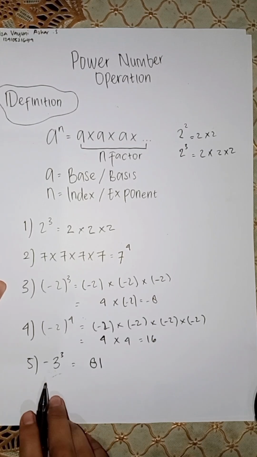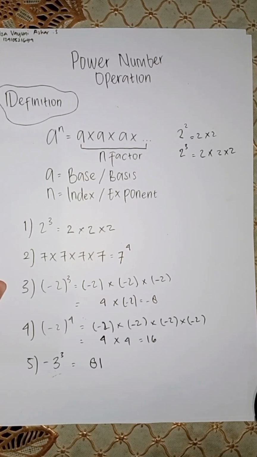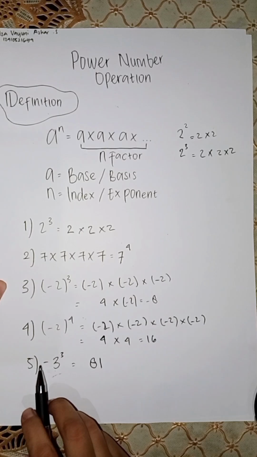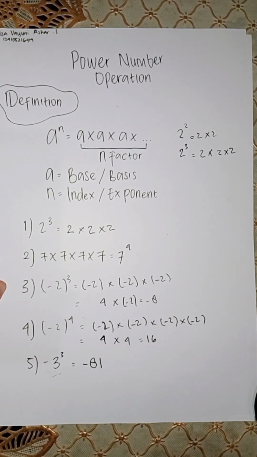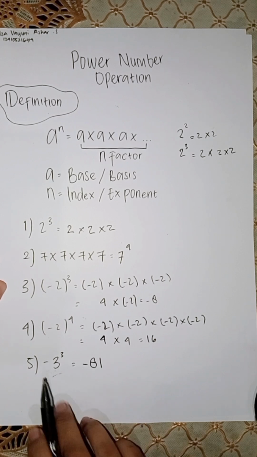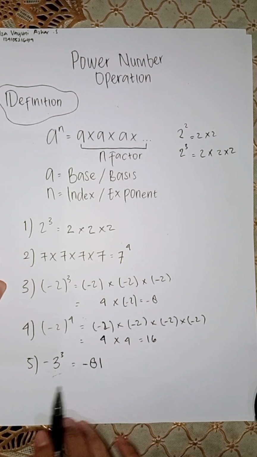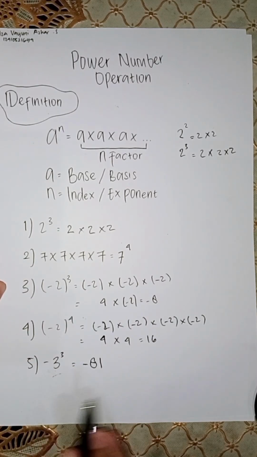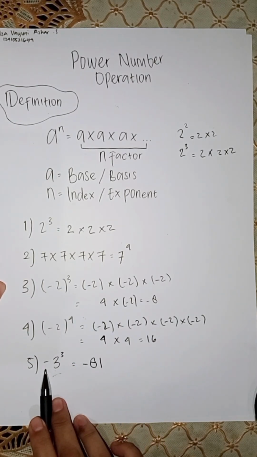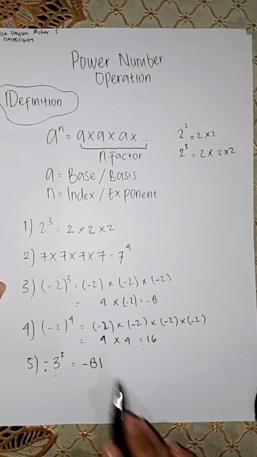So because we didn't multiply the negative sign, we put the negative before the result like this. So friends, you have to be careful when working on questions like this. If there is no bracket like this, then we don't include the negative sign in the multiplication.